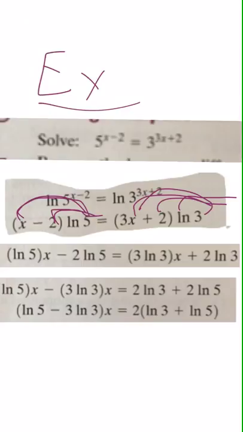Then, if we factor an x out of the left-hand side, that would give us ln of 5 minus 3 ln of 3 times x is equal to. Now, on the right-hand side, we could factor out a 2. So that would be 2 times ln of 3 plus ln of 5.